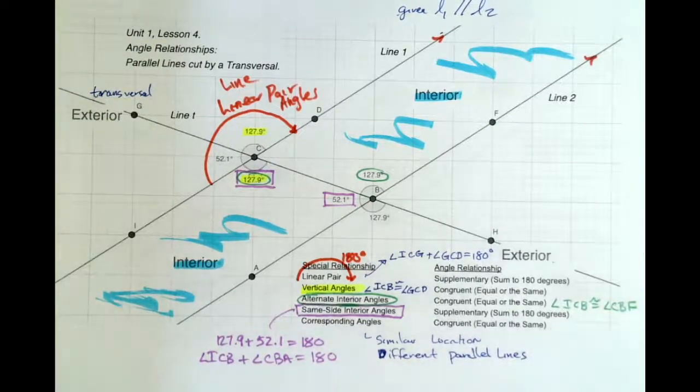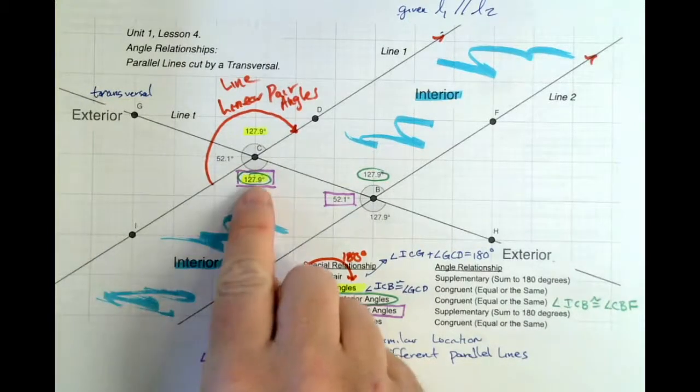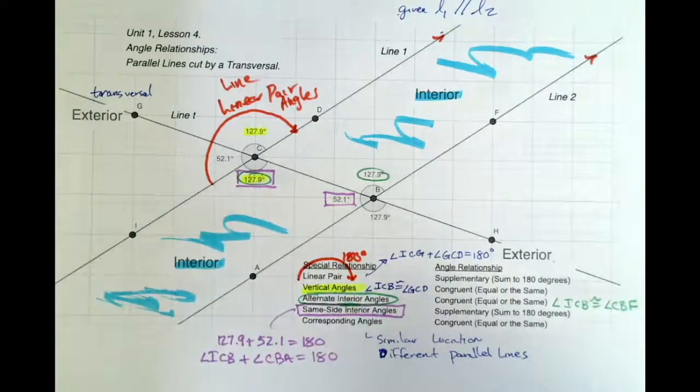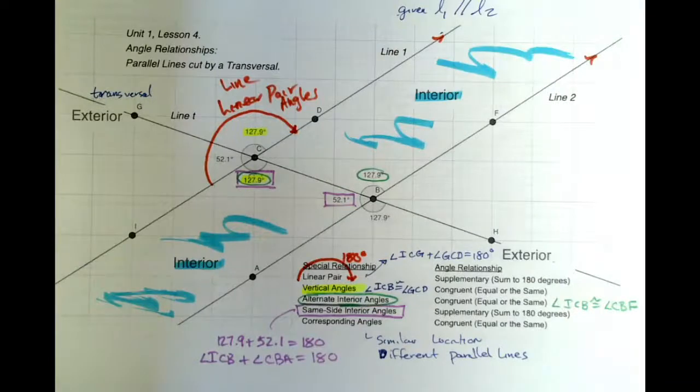A good situation to look at would be, we could use the same exact angle one last time. If I can find one other color here. I have an orange. Let's try orange.